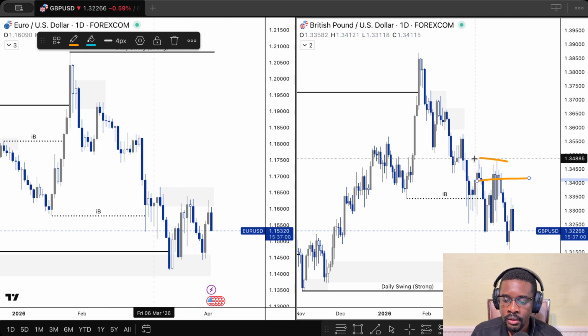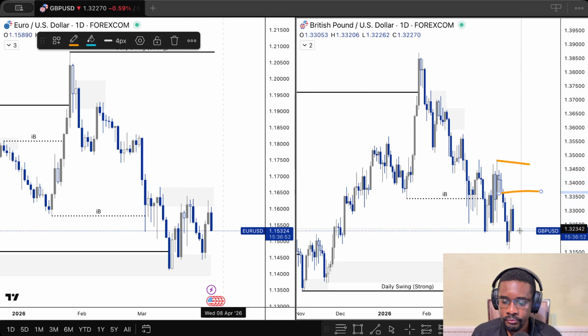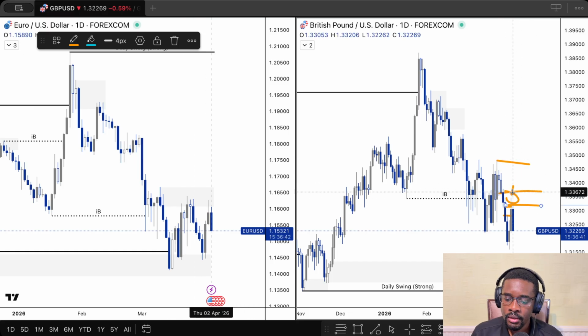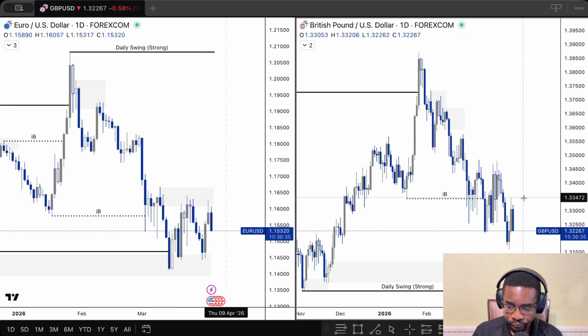Okay, same thing, we had the supply area that's still holding. Price came in and made a lower low, so now this is our new supply. Price came in, filled this imbalance, failed to mitigate the extreme of the supply, right? But if we include the whole range, we can say it did mitigate into that supply range.